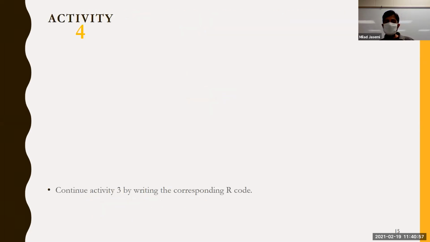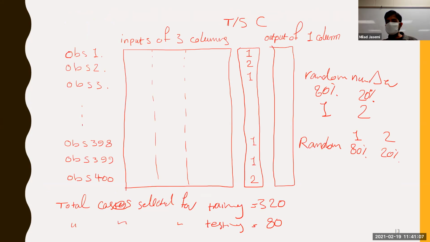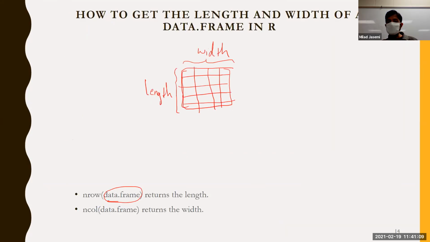Now, activity 4: continue activity 3 by writing the corresponding R code. What does it mean?